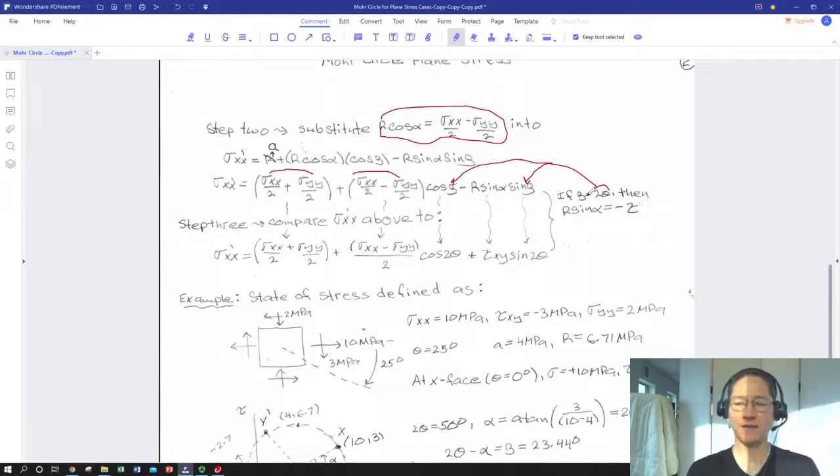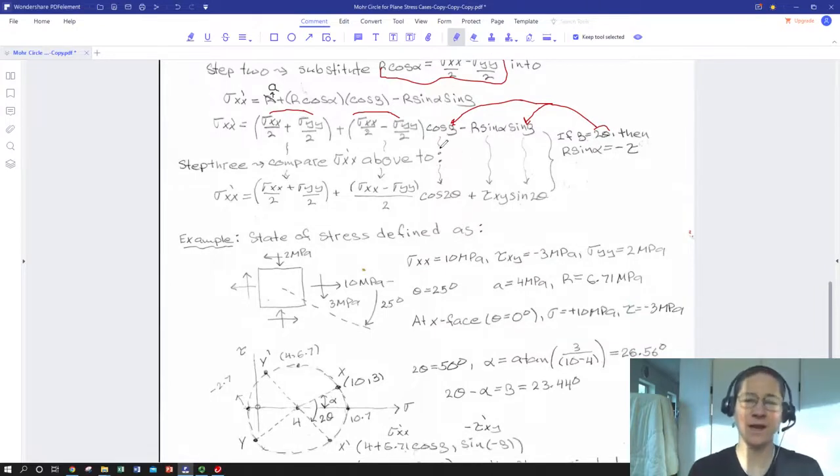And in that case, our r sine alpha is going to correspond to tau. It's going to correspond to our shear stress. How do we know that? We're comparing back to expressions in our original stress transformation. So this is a second substitution that we make. I'm not writing it out here, but that's why we could make this statement.